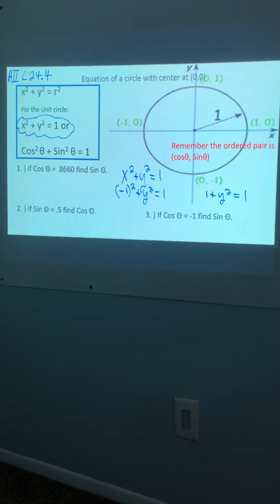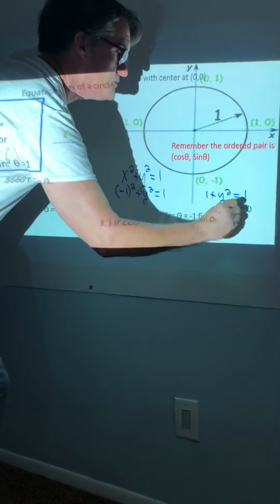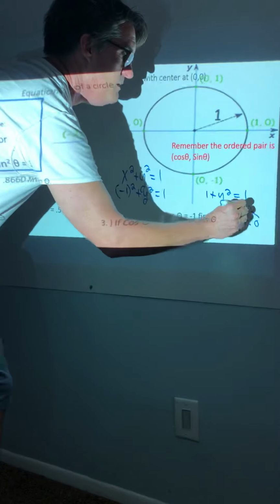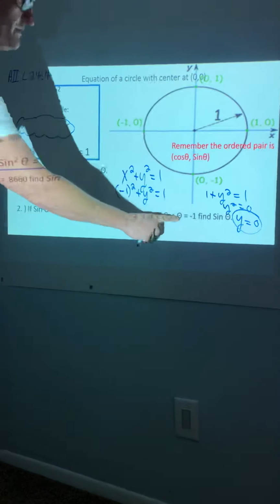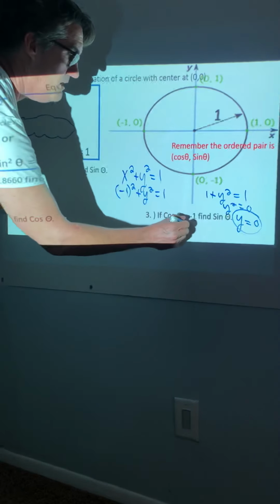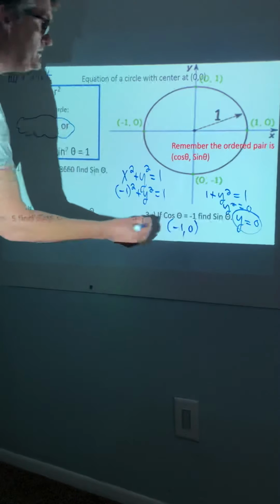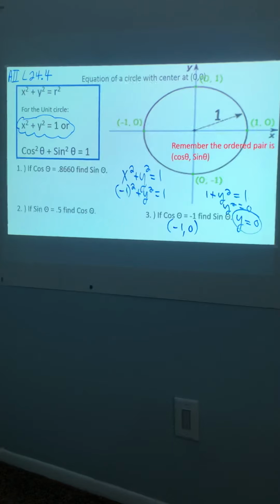Okay? Subtract 1 from both sides. y squared equals 0. Square root, y equals 0. All right, so look, cosine of theta is -1. The sine is 0. Well, duh, look, it's that ordered pair right there. -1, 0 at 180 degrees.